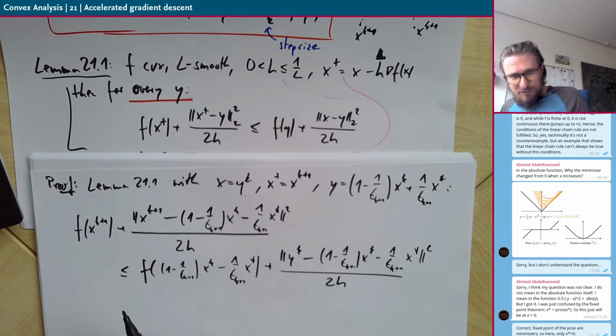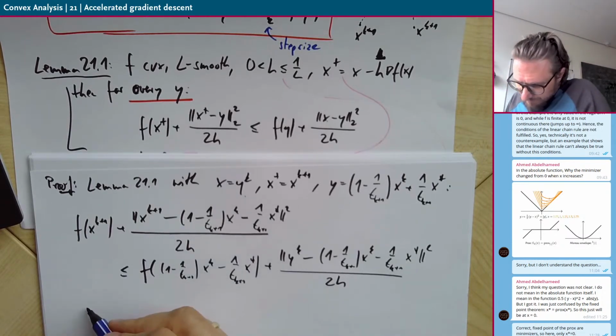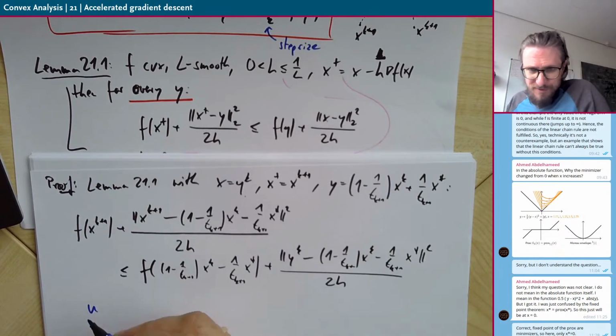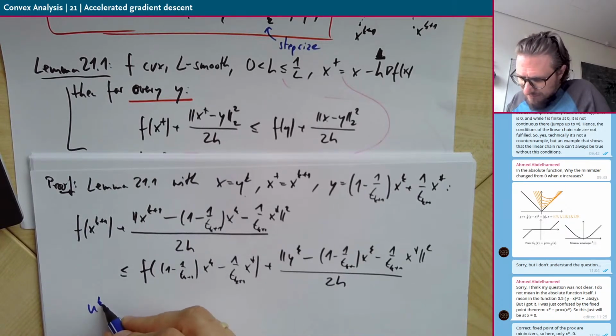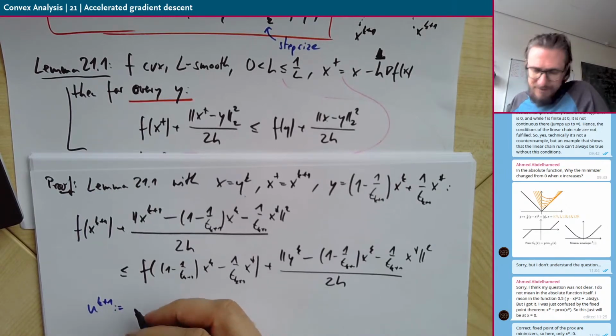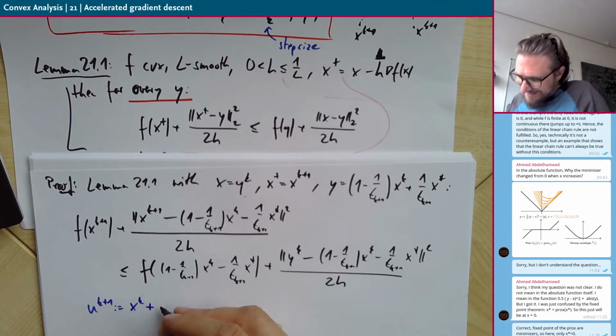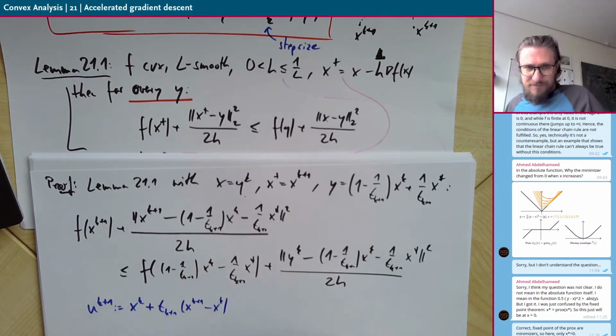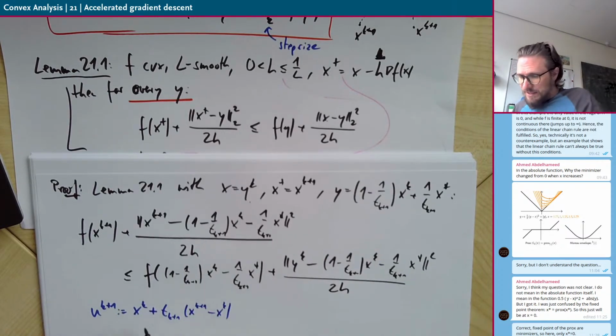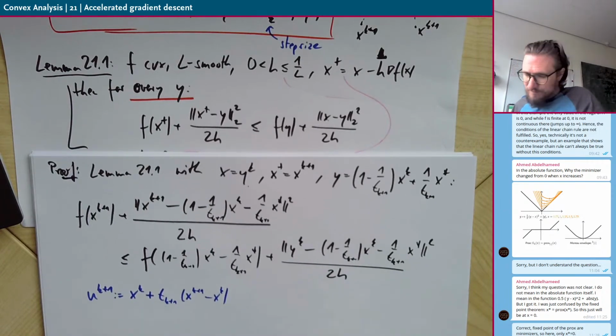So we're gonna continue here, but now we make a few auxiliary calculations. First, we define an auxiliary variable which just makes life easier. uk plus 1 will be defined as xk plus tk plus 1 times xk plus 1 minus xk. So it's something which is in between xk and xk plus 1.